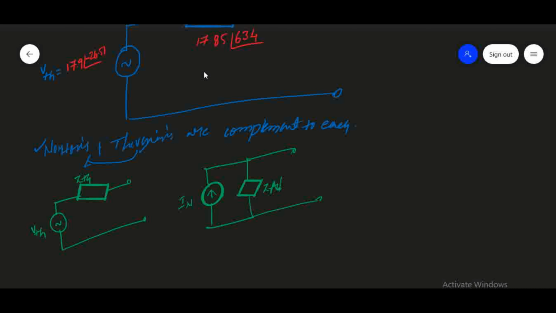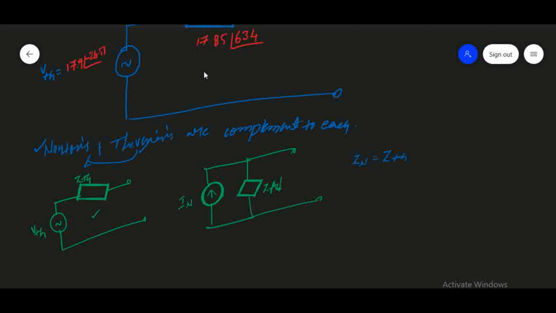In Norton's theorem, the impedance is connected in parallel to the current source, but in Thevenin's it is connected in series. If I know the Thevenin's equivalent circuit, I can easily find IN and ZN, because ZN is nothing but ZTH.